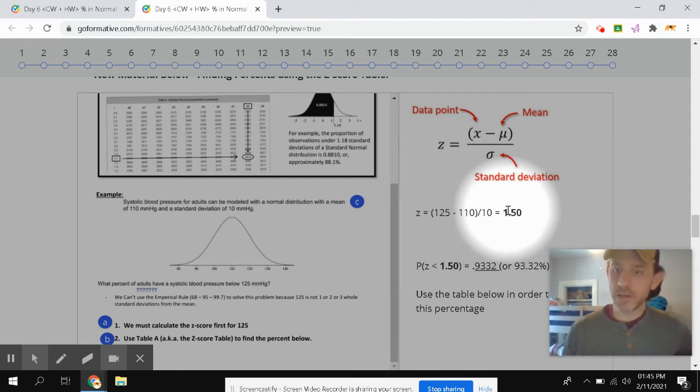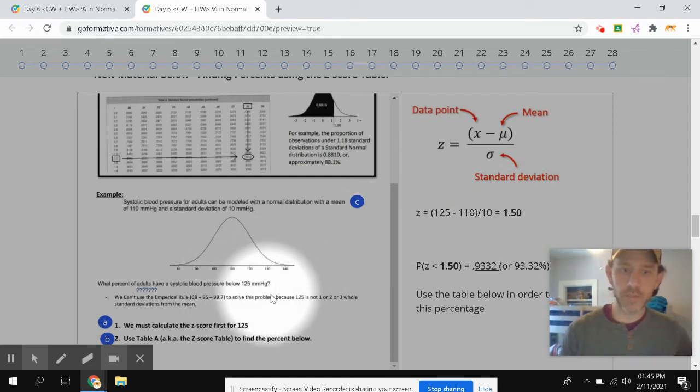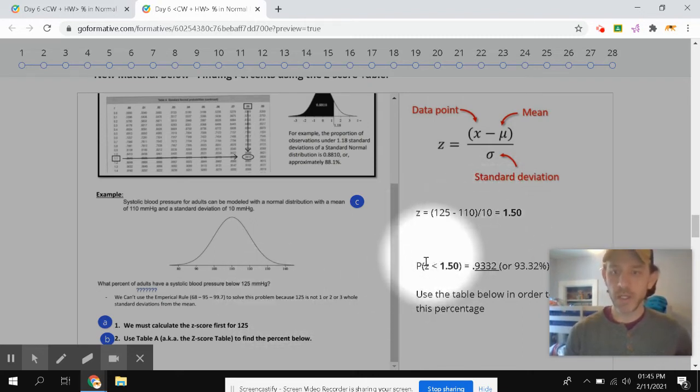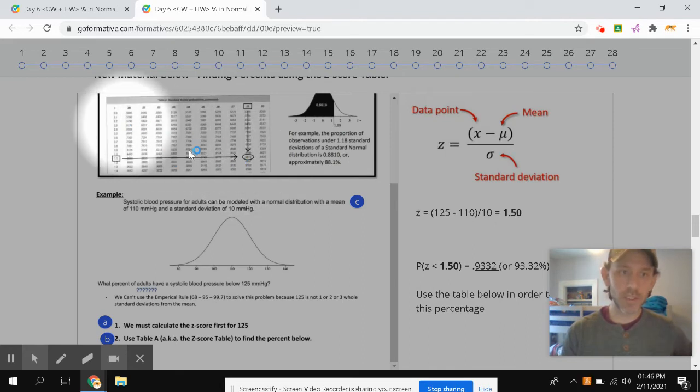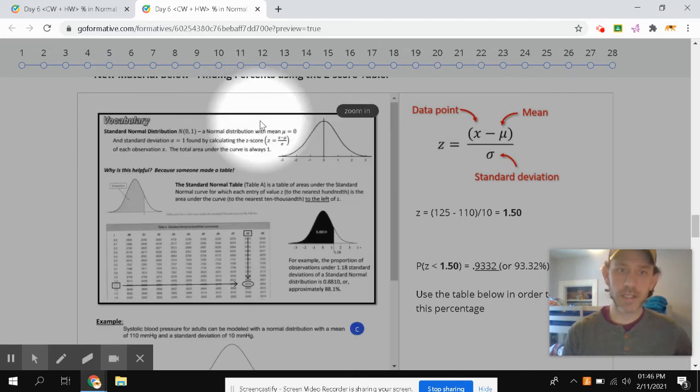So from there, what I'm looking for is the percentage below, and that's this symbol here. We've got the z-score of 1.5. We're looking for the percent below at that z-score. And I have to get the z-scores because this table here only gives me values in z-scores to get those percentages.